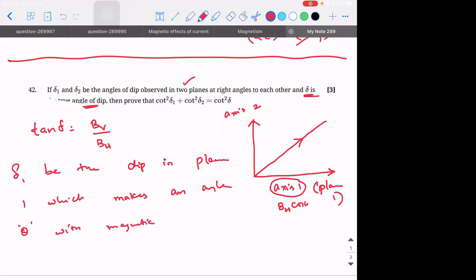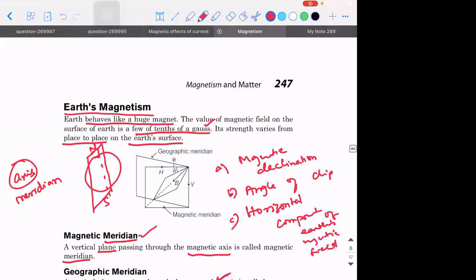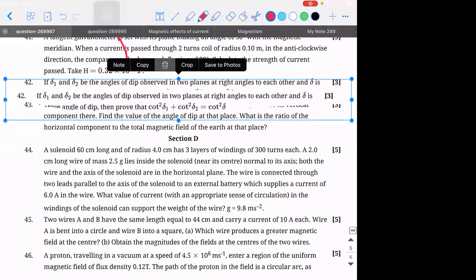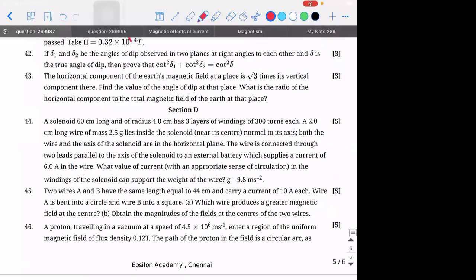Actually, this is an exemplar problem. See, with respect to CBSE, this is not needed, guys. That's all I can say. I don't want to confuse you. It is around 10 steps or 12 steps. Forget this. Let's do only simple problems which are going to be required. So this also I can forget.